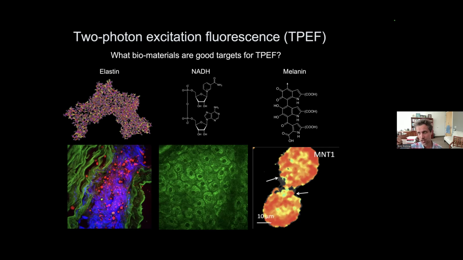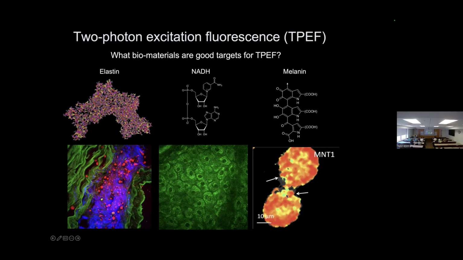This is one of the reasons why you as a person are not fluorescent in regular light. Regular illumination conditions, you are not luminescent. But if I would put you in a two-photon excitation laser, you will be. Much higher quantity of fluorescence will come out. So two-photon excitation fluorescence is a good way to study melanin.